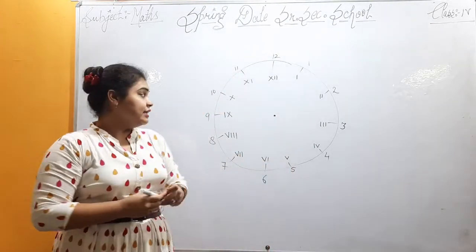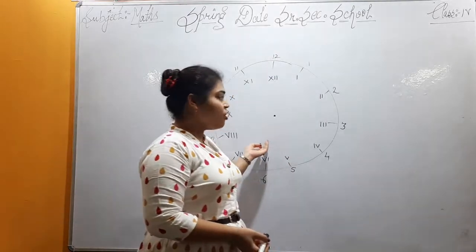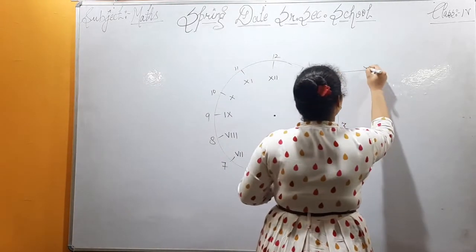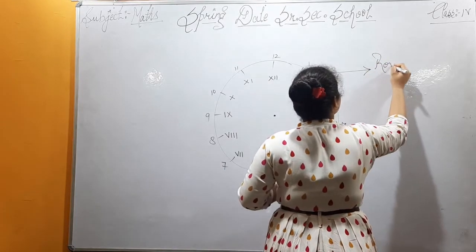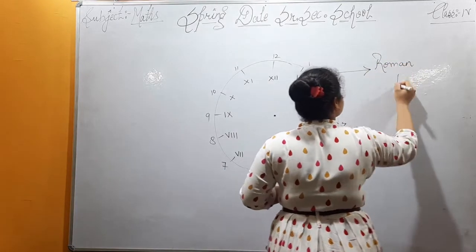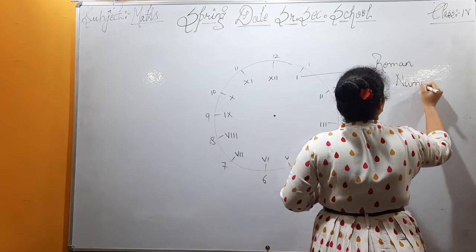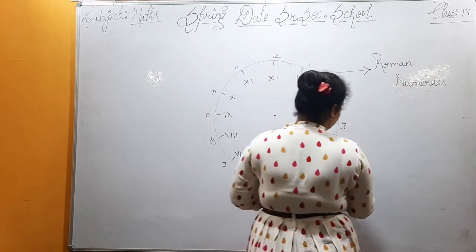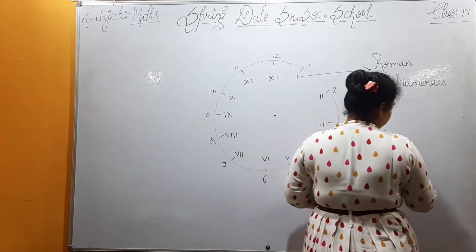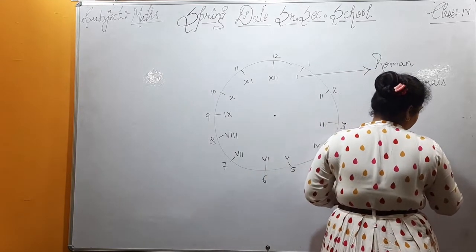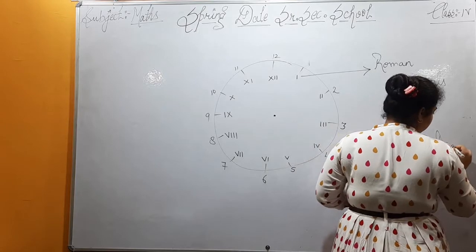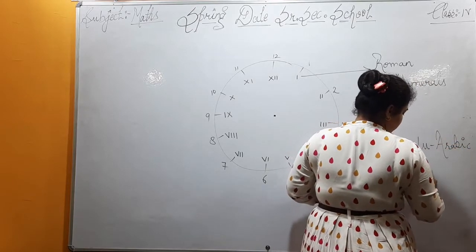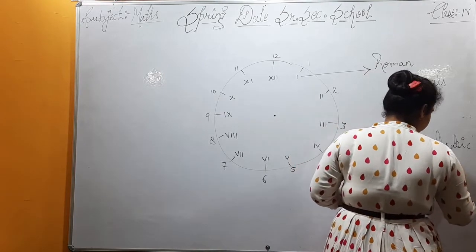So these are the symbols of Roman numerals. What are these symbols called? Roman numerals. And these numbers 1, 2, 3, 4, they are Hindu Arabic numerals.